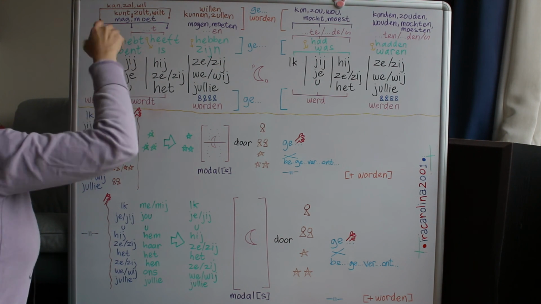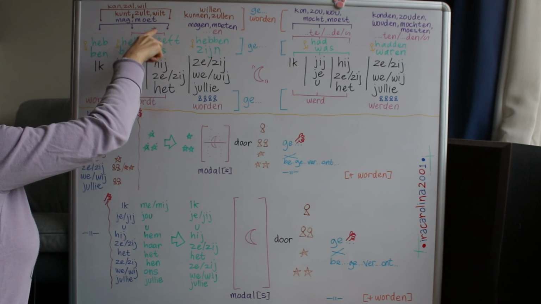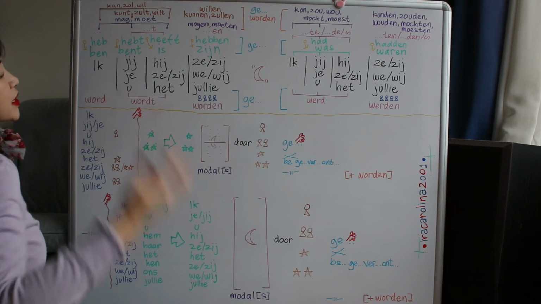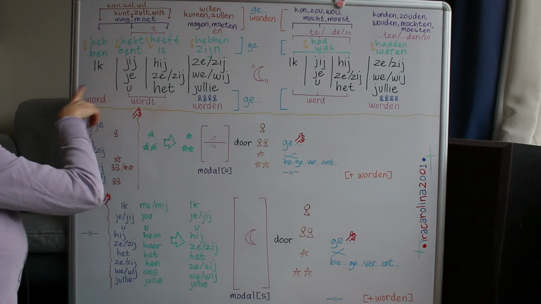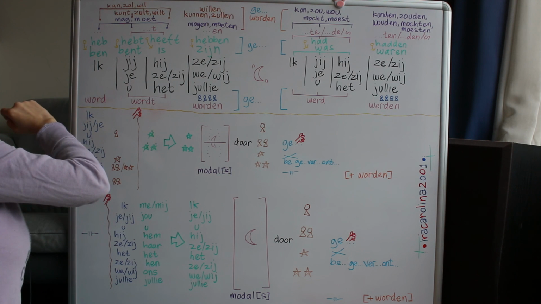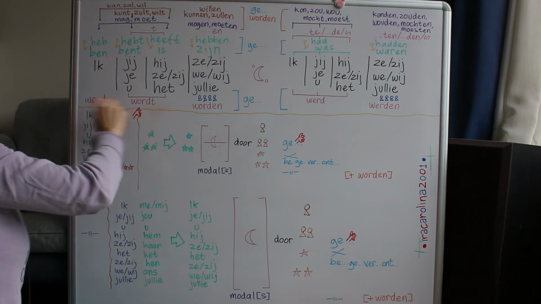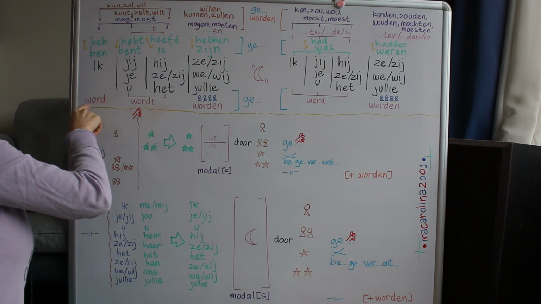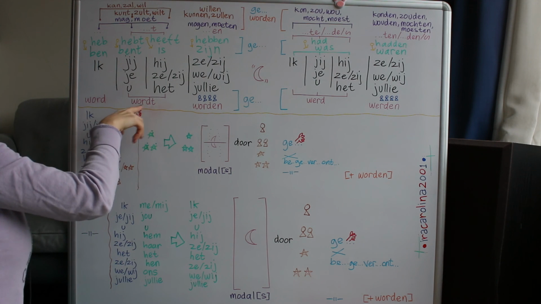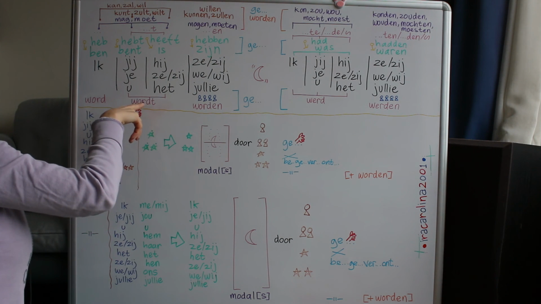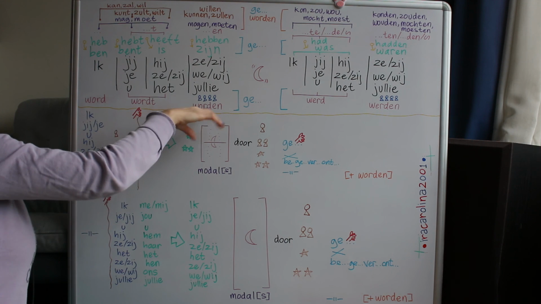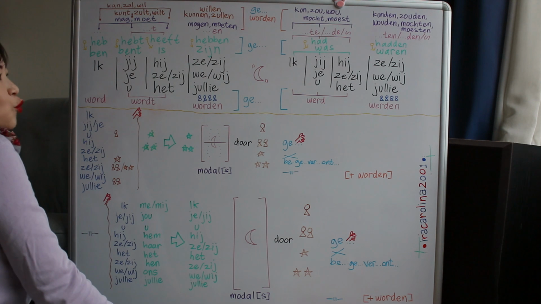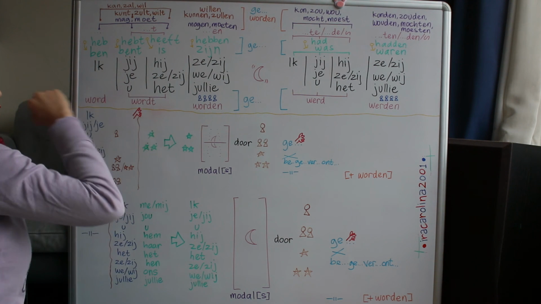In the passive sentence we will use word for ik, become, word, or worden.